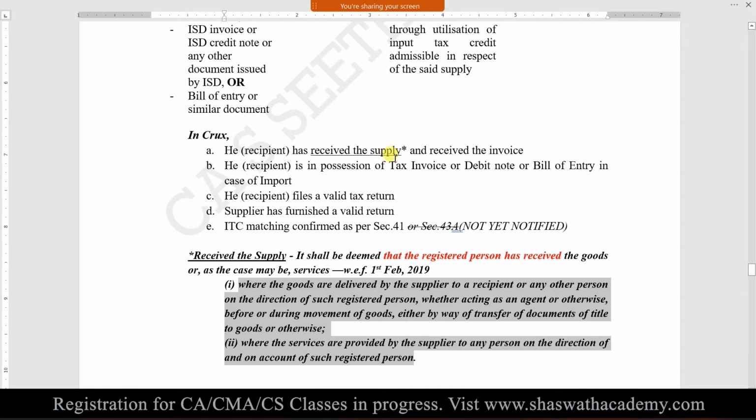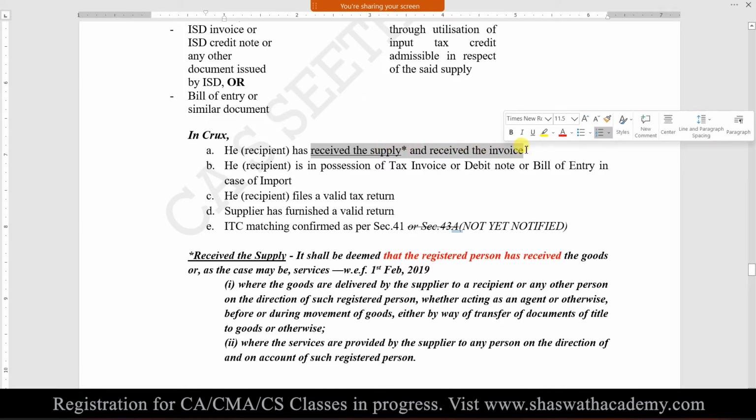Right, my dear? And not only that, it is not about simply receiving a supply. They should also receive the invoice. Sir, that means in the tax invoice, debit note, credit note chapter, we have seen movement of goods against delivery challan. If multiple lots of goods are supplied, only with the final lot of consignment will the original invoice come.